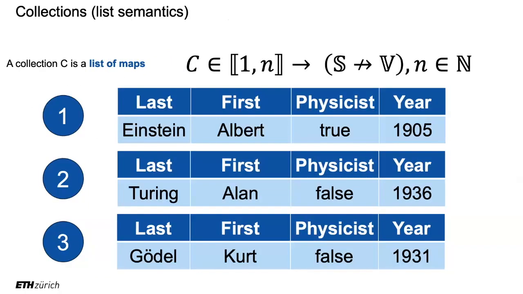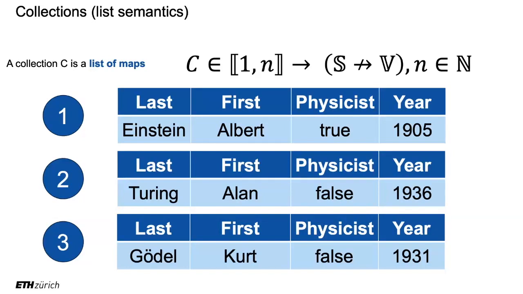And then I have lists. And a list just means that not only do I allow multiple occurrences, but on top of that, I even allow an order. So there is really a first record and a second record and a third record and a fourth record. So the order is important here. So I could also take this semantics, take a list semantics.